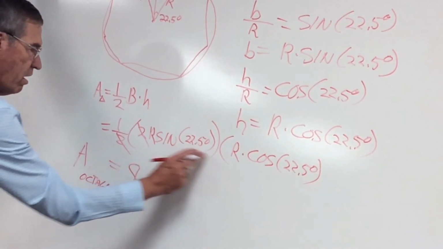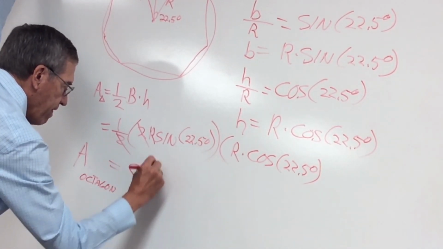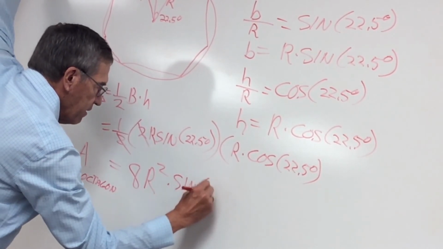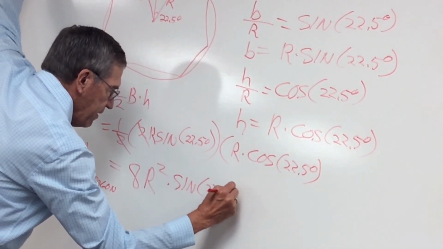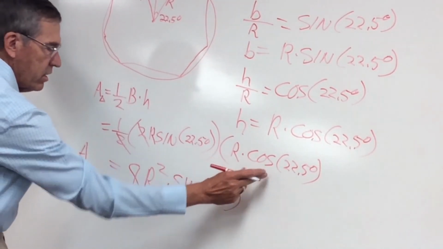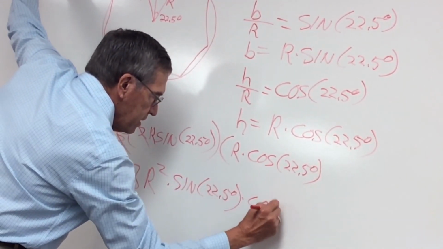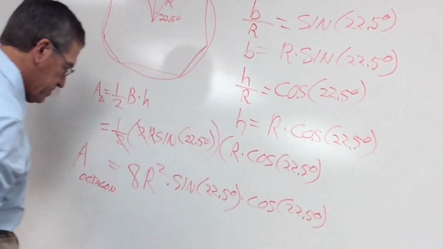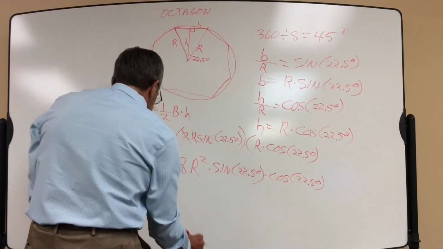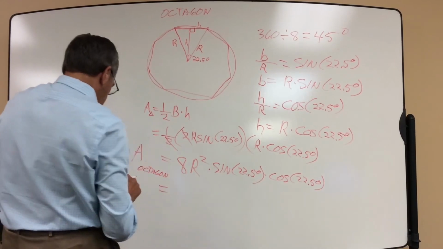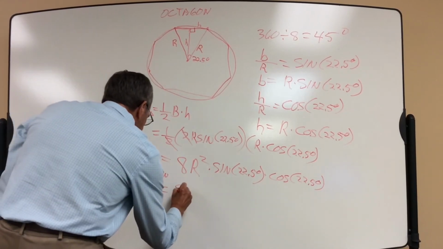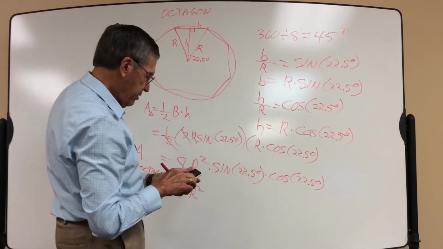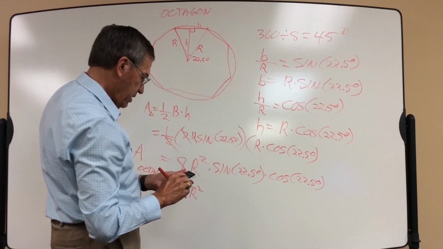And now I've got r squared, and then I have sine of 22.5 and cosine 22.5 degrees. Okay? So let's just do a few numbers here. Of course, we have the 8 times r squared. Now, we can use our calculator to figure that out.